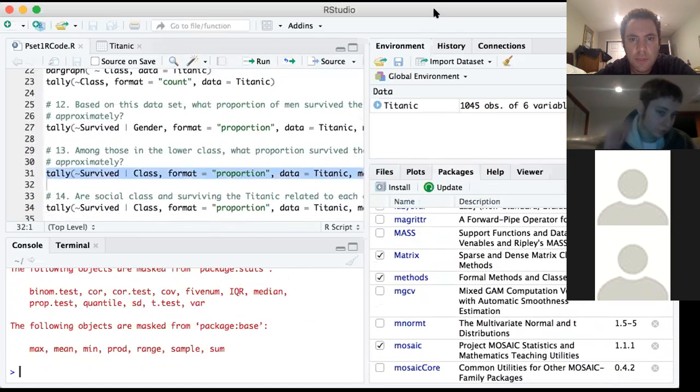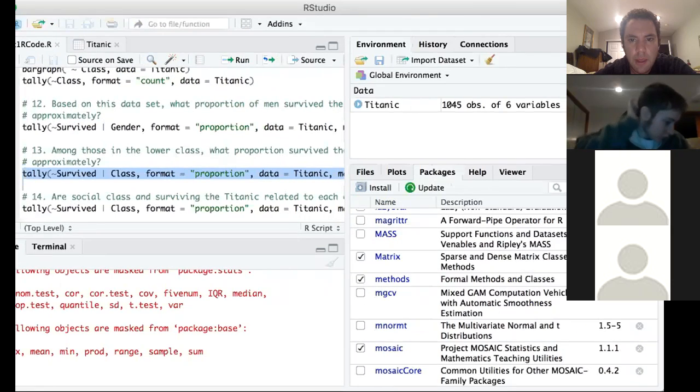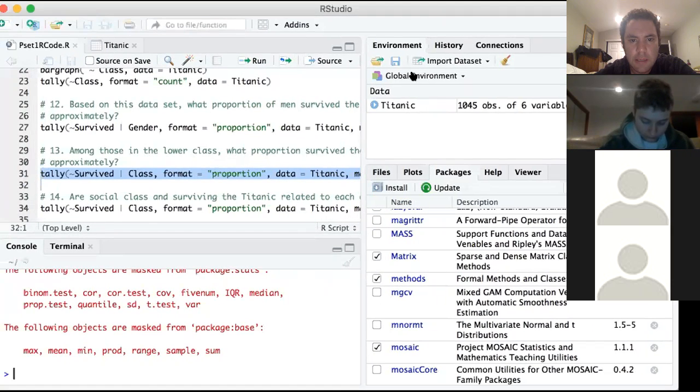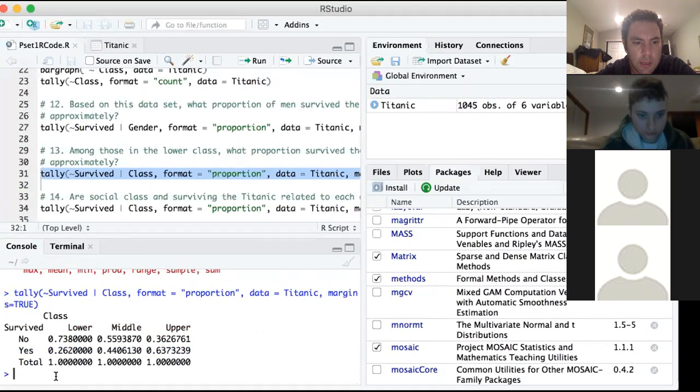So now that the Mosaic package has been loaded up and I have my Titanic data set loaded in and I have my code here for question number 13, I can run this code here and we can look at this contingency table. Here we have the class up top, lower, middle, and upper, and those who survived, yes or no. And the question was, among those in the lower class, what proportion survived the Titanic approximately, right?